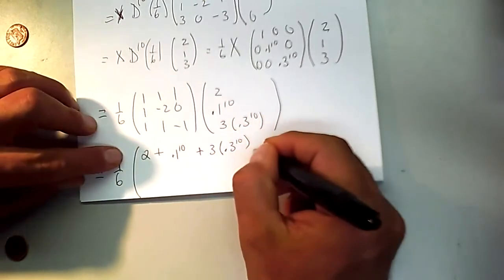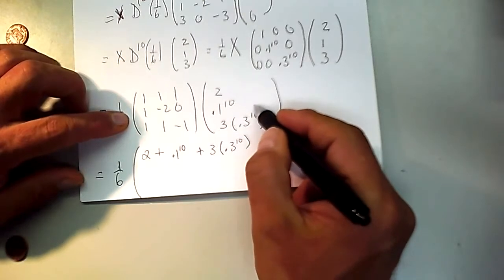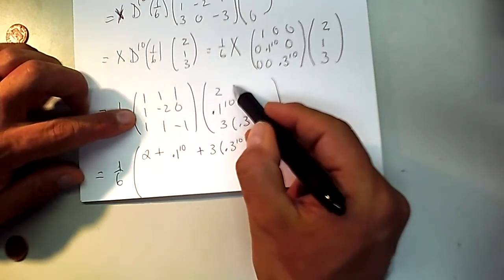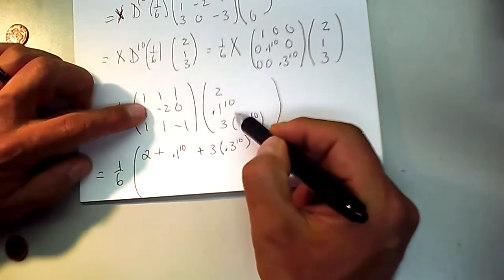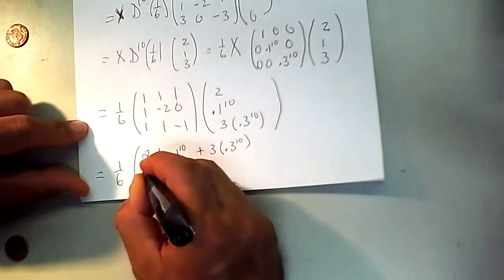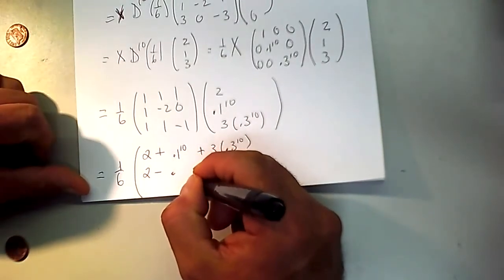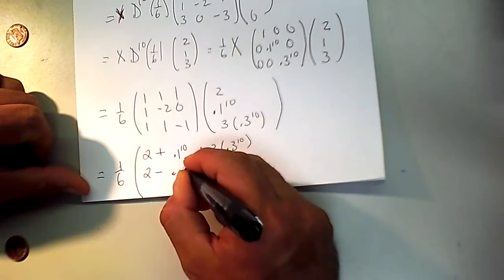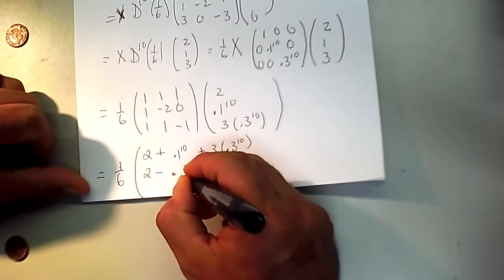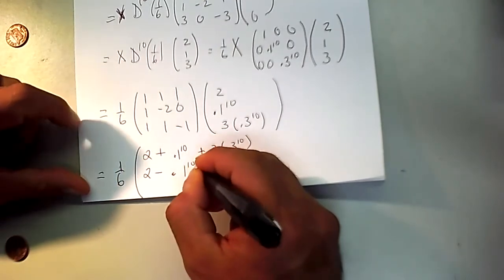Okay, so that is the first entry. Second entry, 2 minus 2 minus 0.1 to the 10 times 2.